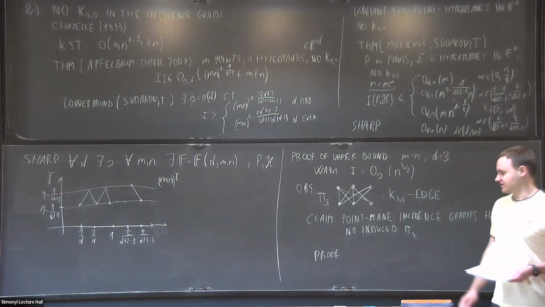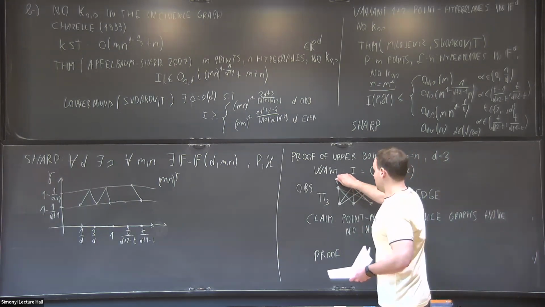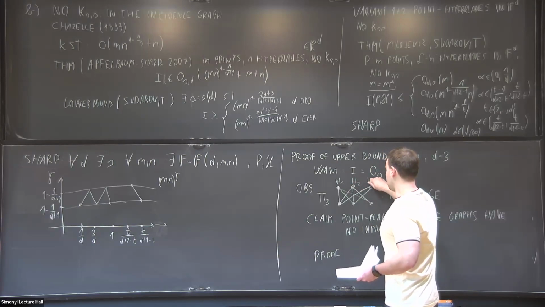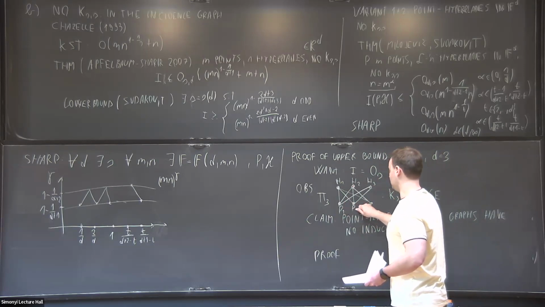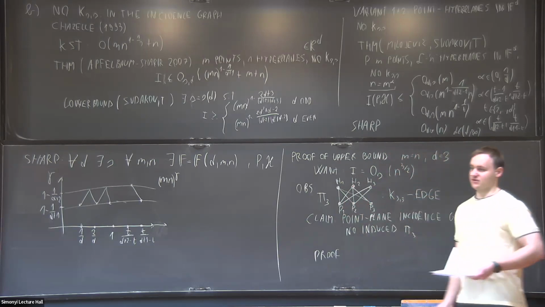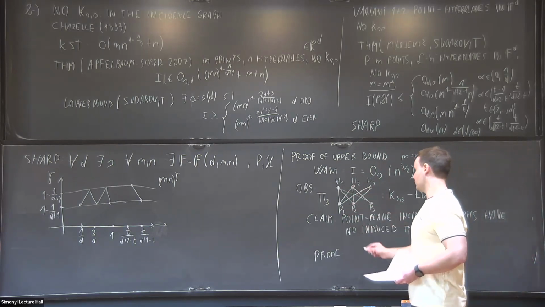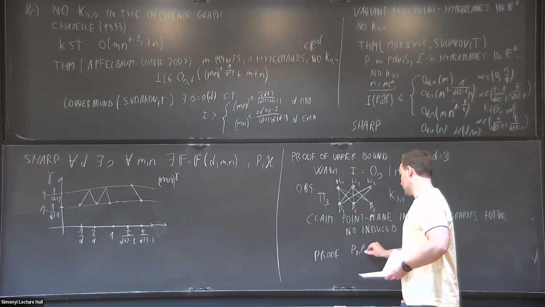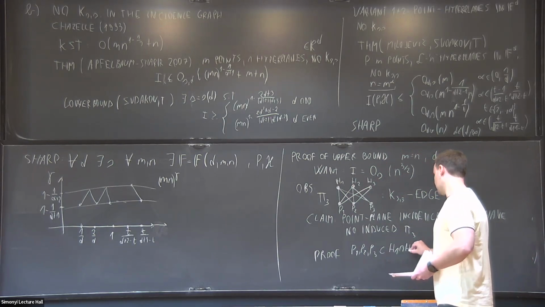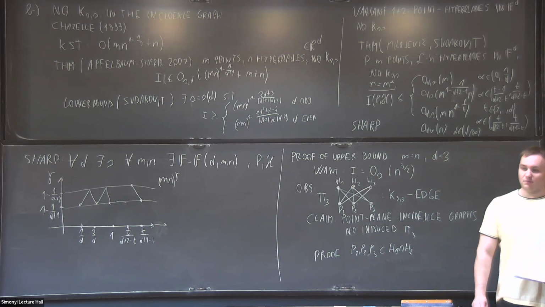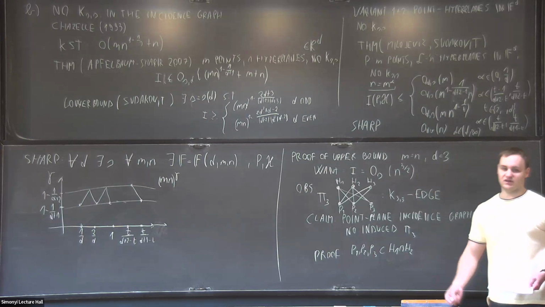So how do you prove it? It's very simple. Assume you contain this pattern, so suppose you can find 3 planes, H1, H2, H3, and you can find 3 points P1, P2, and P3 so that they form this configuration. So what does it mean? H1 and H2 are connected to all the points. So we get that P1, P2, and P3 are all contained in the intersection of H1 and H2. But these are distinct planes, so the intersection of H1 and H2 is either a point or a line or an empty set.